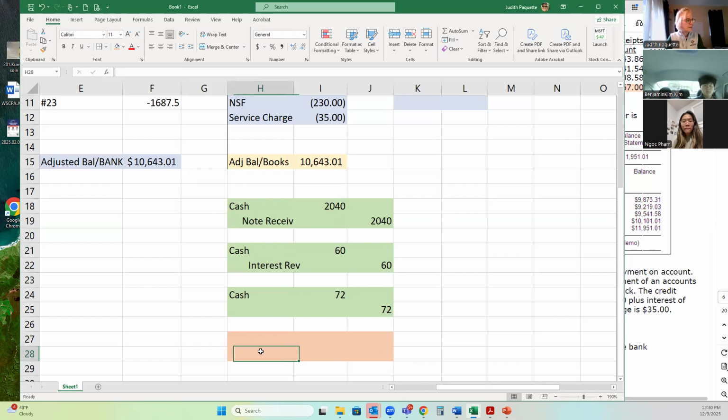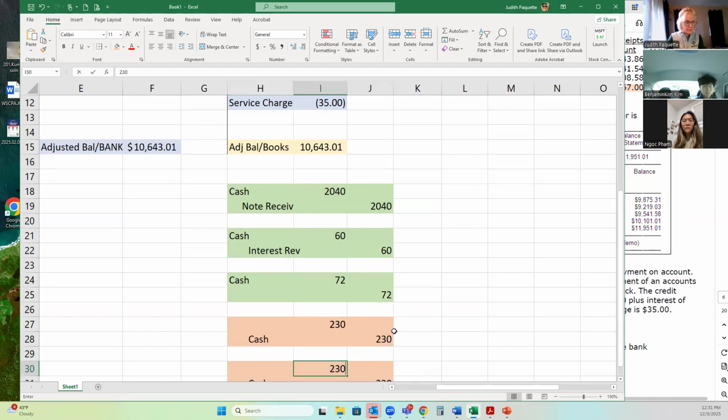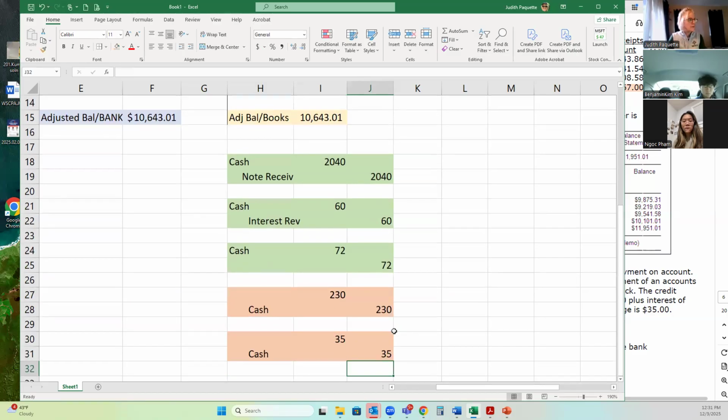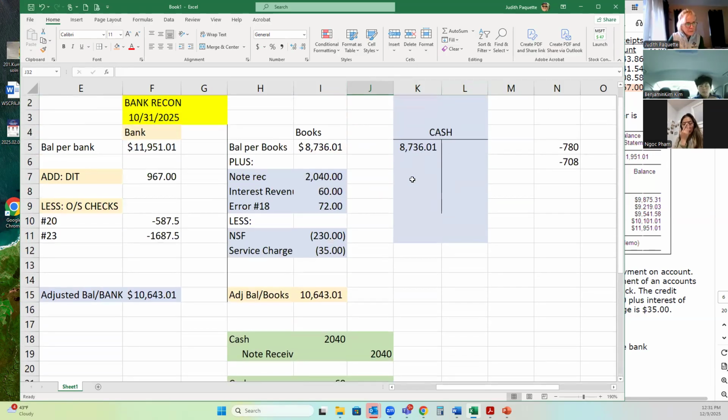So now we have cash going out for 230, and then another one, cash going out for 35. Does that make sense? So we have to book all of these and then we'll post them here in our T account to get our ending balance. This is the only way those transactions get into the company's records. We have to do that.